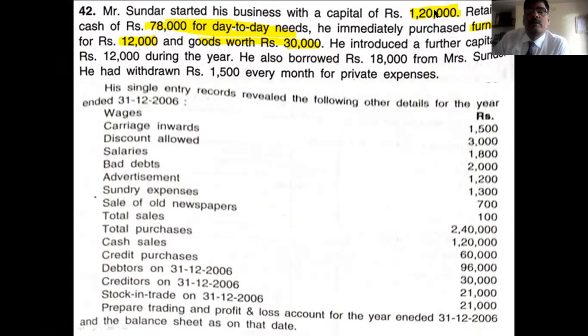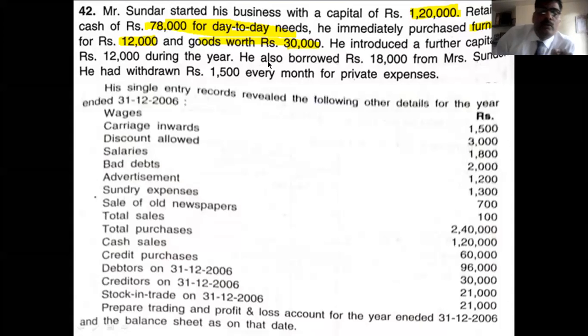You enter this capital in the cash account debit side as capital, and on the payment side you write purchase of furniture and purchase of stock. Okay, this is the alternative method.